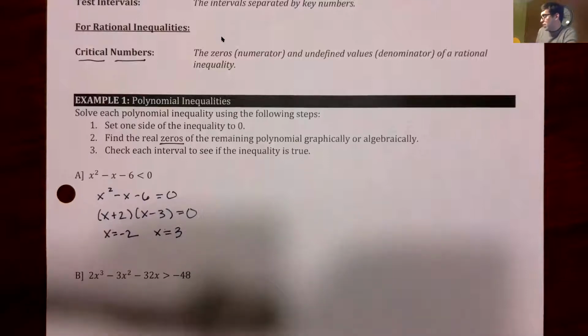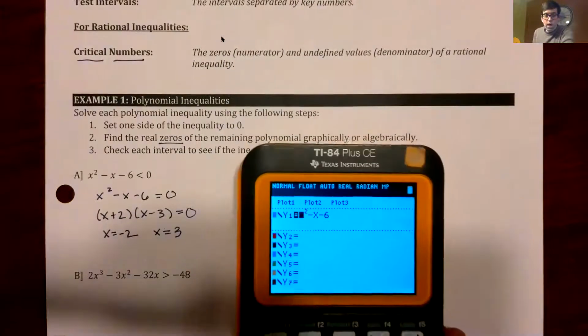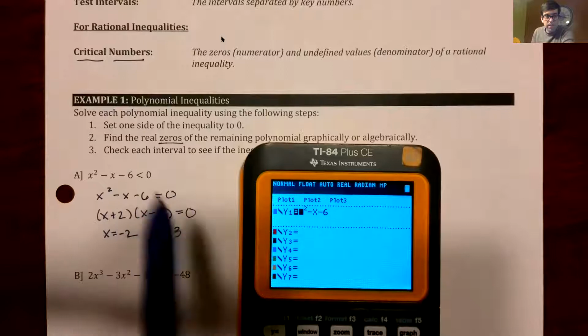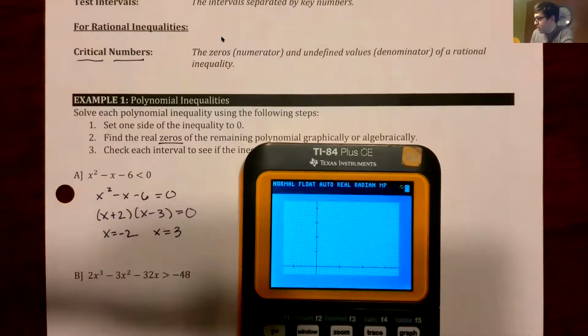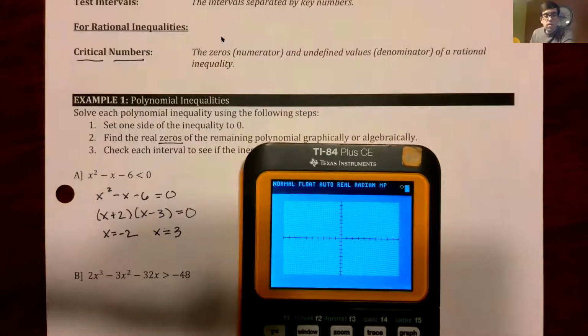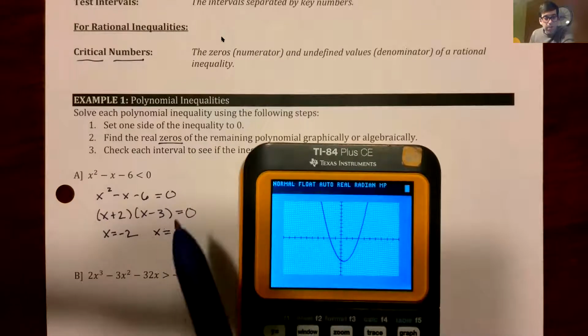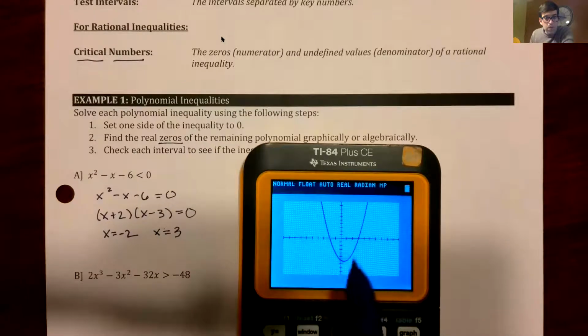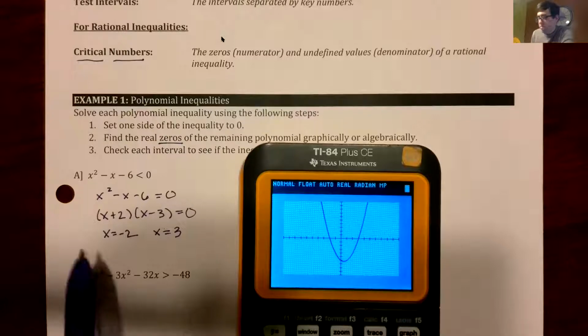But before we get to that, let's just look at the graph so you can kind of tell what is going on here. So if I just graph y equals x squared minus x minus 6, this original function, it might help if I set my viewing window to normal. So I press zoom 6 to get this back to normal. Now normally, if this was equal to 0, the answer would just be -2 and 3, right? x equals -2, x equals 3, we'd be done right now.